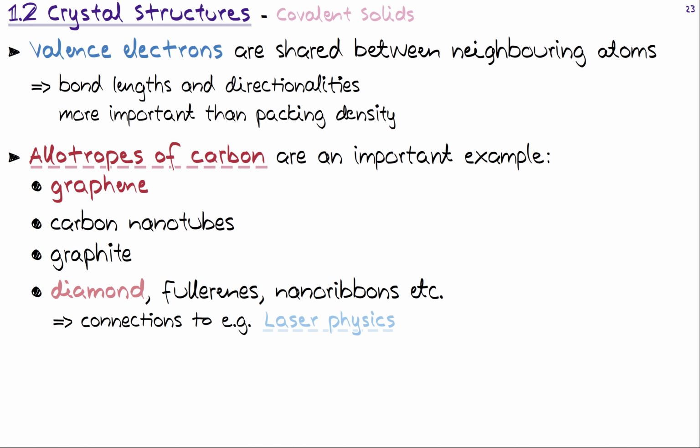But I just wanted to point out to you that our scope in solid state physics and in this course is not to go towards applications, but the applications are always there, and the fact that we can apply solid state physics into other branches of science.